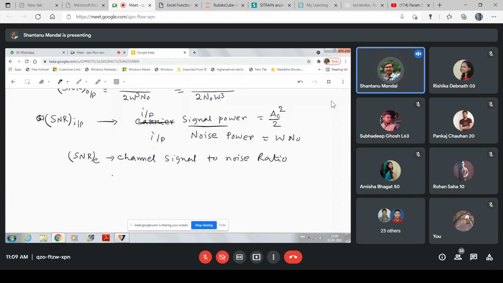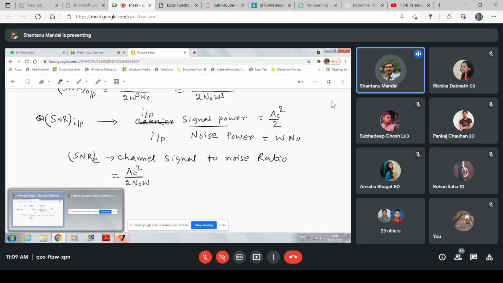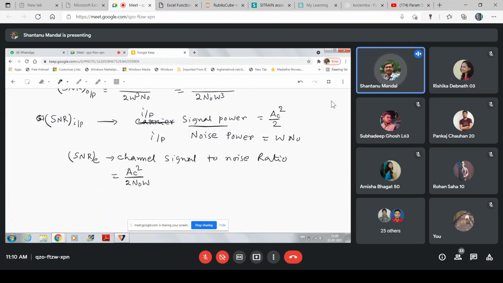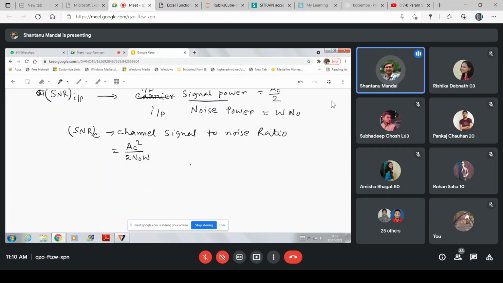This is equal to AC square by 2 N0 into W. So in case of FM, the carrier signal power or the channel signal to noise ratio is the same. That's why it is also known as the SNR input. SNR input means SNRC.